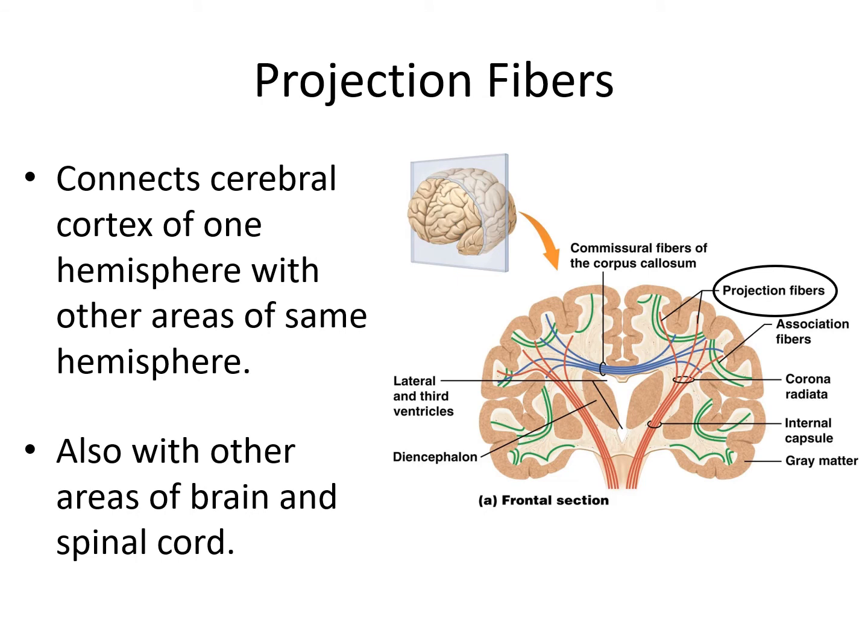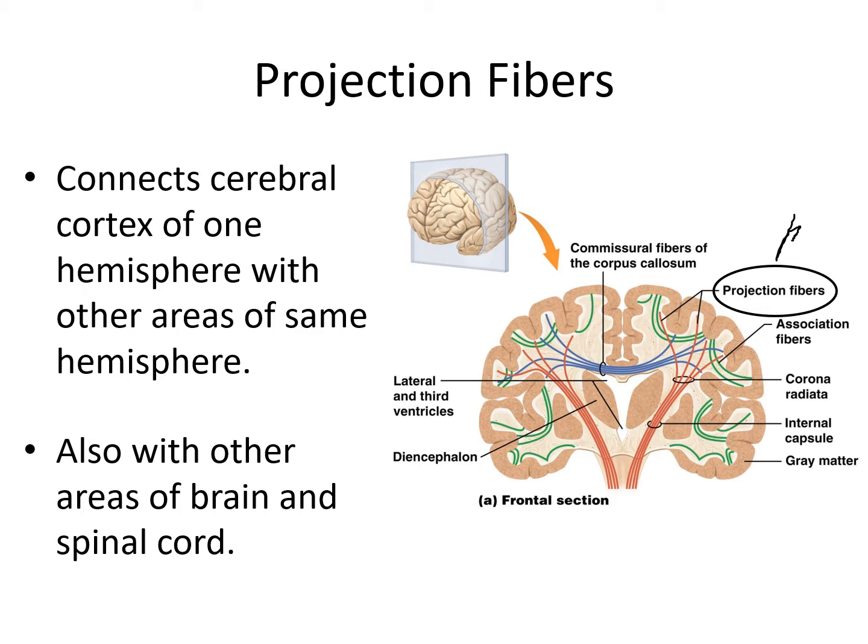Another type of fiber are the projection fibers, which I have indicated right here. These connect the cerebral cortex of one hemisphere with other areas of the same hemisphere. If we look at the projection fibers, we can see that these are these reddish ones that extend here from the white matter to other areas of the brain.